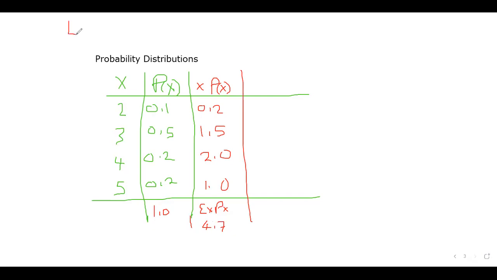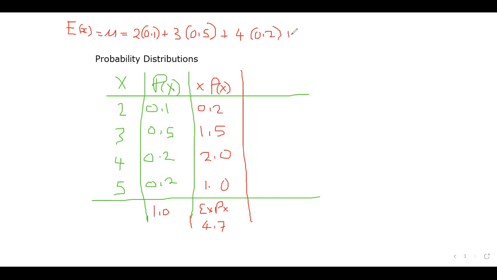So the mean sometimes is written by the letters E(X), not summation of X, or it is just put in as mu. How did we get it? 2 times 0.1. Also multiplied what? 3 times 0.5. Also multiplied what? 4 by 0.2.